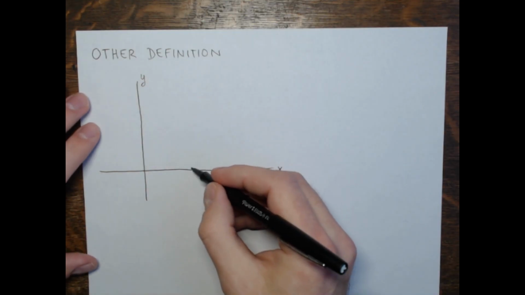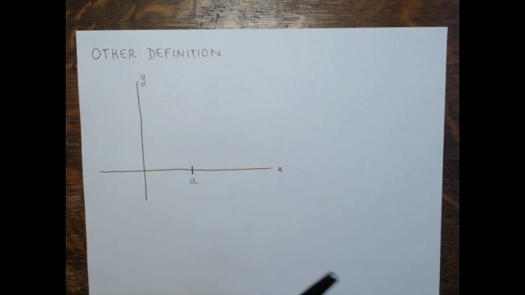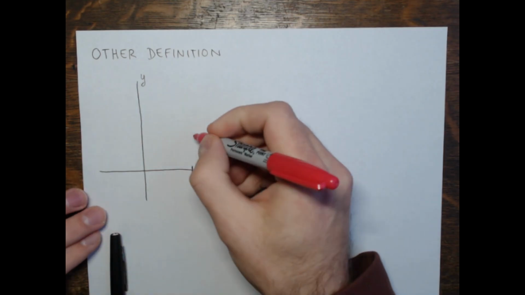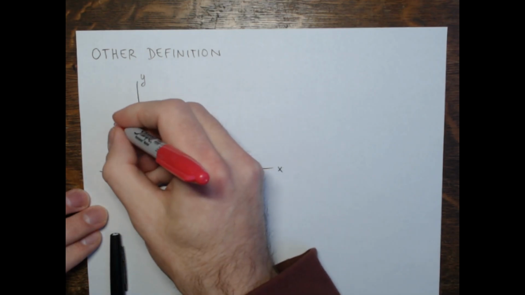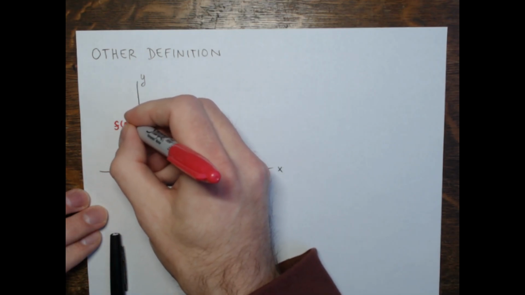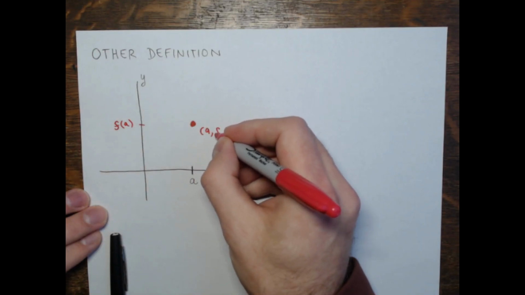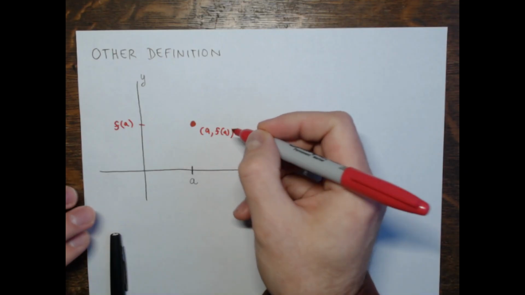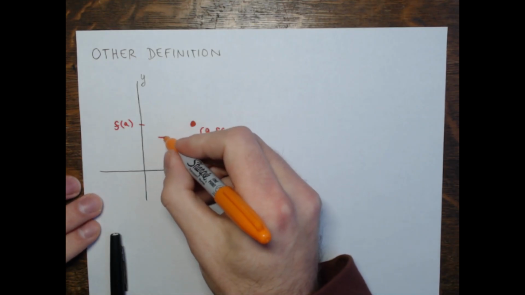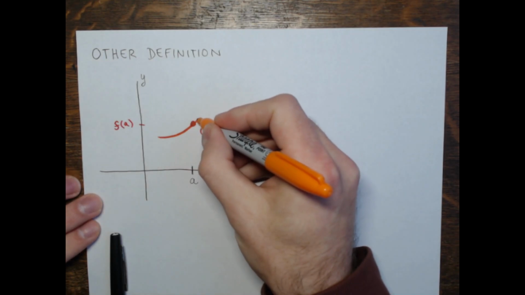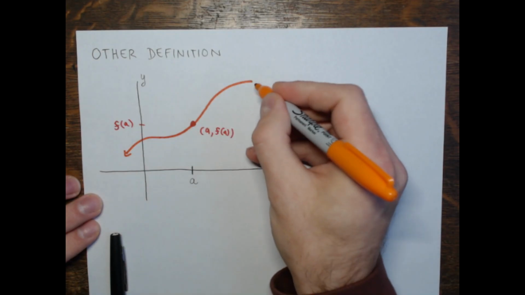So again, we have an XY plane here. Here's x equals A, and I plug it into my function. Again, I'll get some point with an output of f of A. So here's the point, A comma f of A, ordered pair. And again, I'm going to draw some nice curve going through here, some function, something like that.